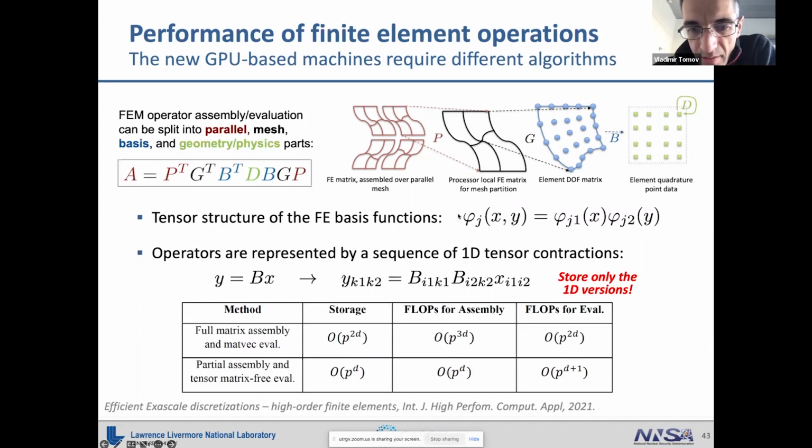The other reason is that in principle, for shock hydro, people prefer quads because it's more robust in terms of time stepping. Maybe not so easy to mesh, but once you mesh it, it's the preferable thing to run.